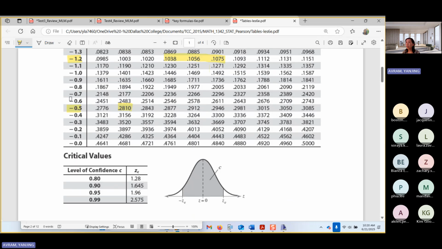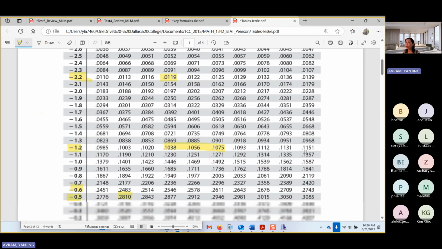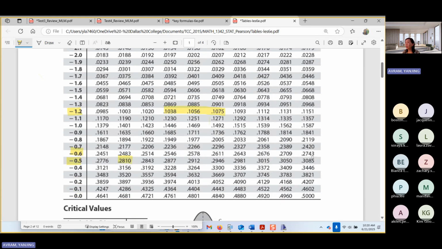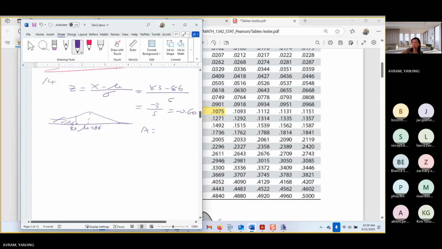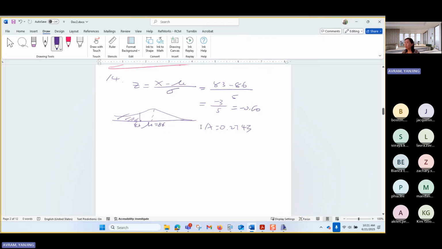Look at the top one, so you have to read the very back one. So it's 0.2743. Okay, so that's your area. If you want to find the area to the right, you subtract from 1.